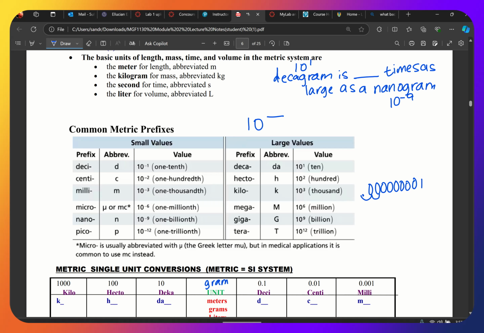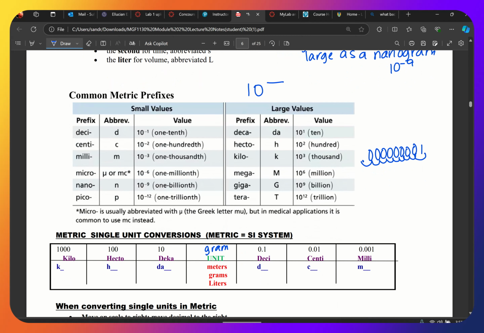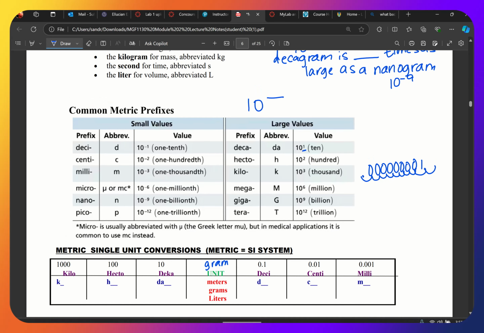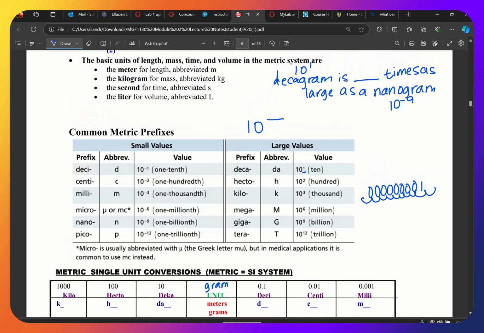So 1, 2, 3, 4, 5, 6, 7, 8. That's 9. But you need to go 1 more unit to get to the deca, because that's at the 0 part. You need to go 10 units. So this should have been 10 to the 10th power.